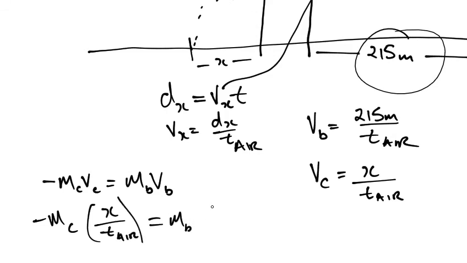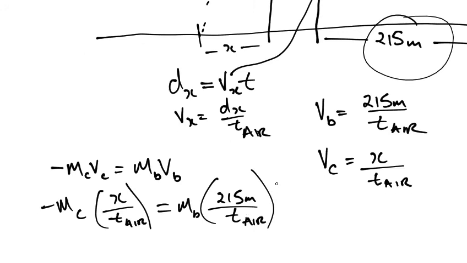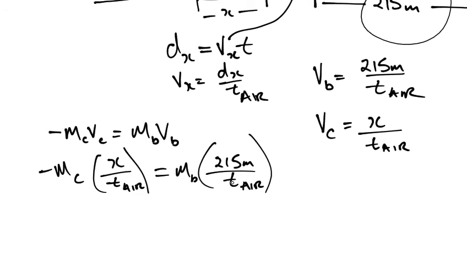And vb is simply 215 all over t air. Now you see where I'm going with this. Because I know both masses, and I only have one unknown in this equation, I can solve for it. I'm going to be solving for t air. Once I get t air, I can work myself back and solve whatever I need to solve for and finish the problem.